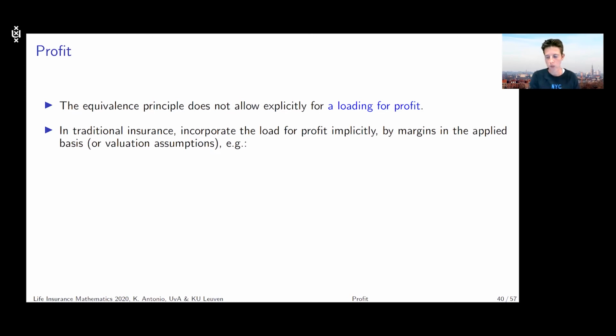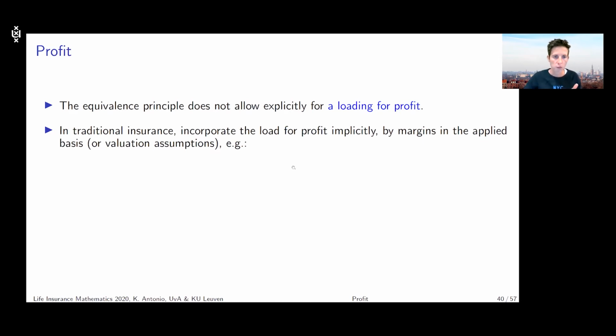So if you want to charge a premium that is a bit higher so that you take a loading for profit into account, then one thing that one could do, and that has been done especially in a traditional valuation framework, is to play a little bit with the assumptions that you make in terms of the basis that you use for valuation. And the basis that you use for valuation is about the interest rate that you're using, about the survival model that you're using.